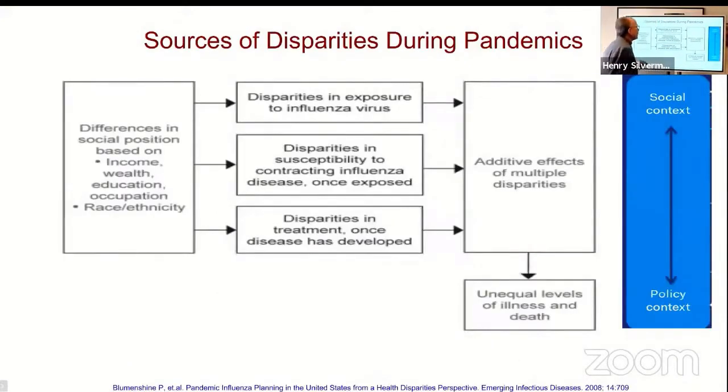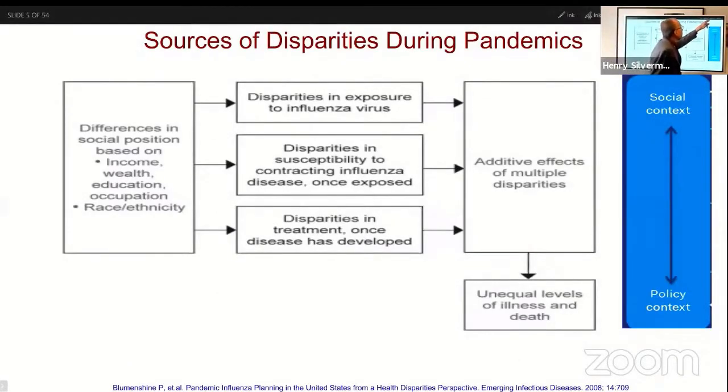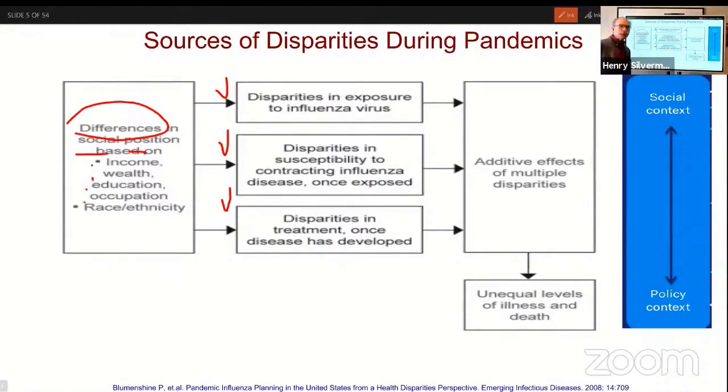So the issue is, what are the sources of the disparity during pandemics? I think we could boil it down to three different categories. One, there are differences in social positions based on income, wealth, education, occupation, race, and ethnicity. And we have disparities in exposure to the influenza virus. Essentially, the poor and people from the lower economic strata of society find it very difficult to social distance.